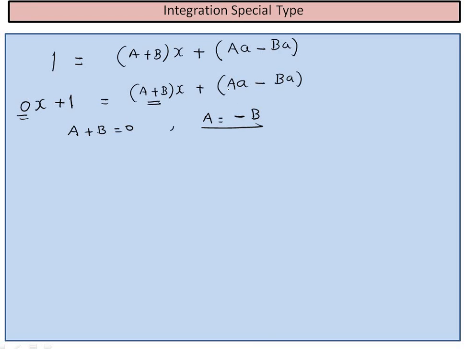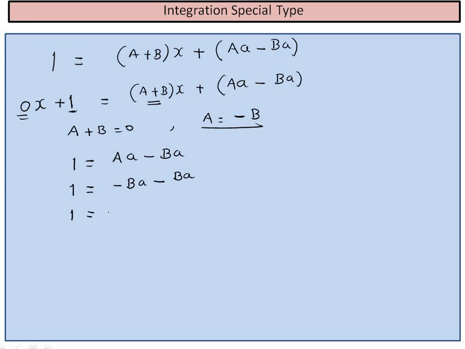Now this bracket is equal to 1 because that is a constant term, so 1 is equal to capital A small a minus capital B small a. Now I put instead of capital A, minus B. Minus B a minus B a.